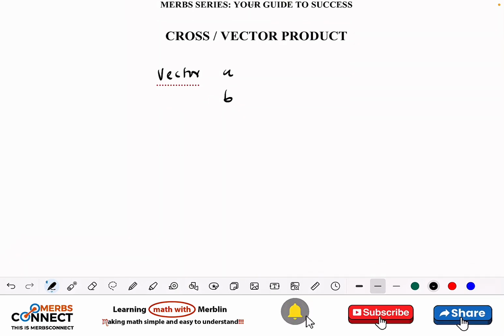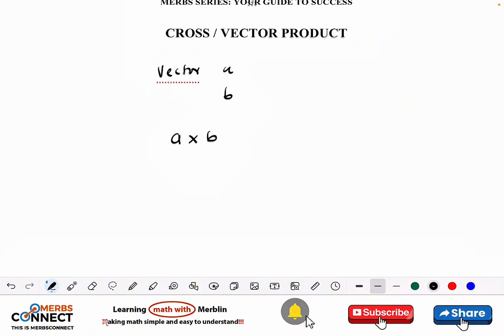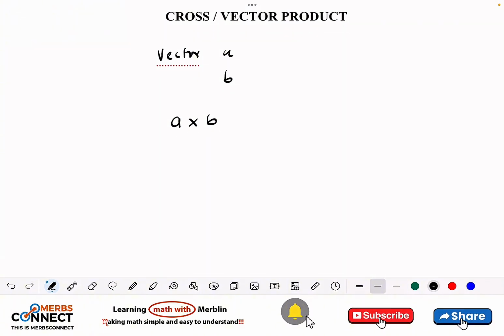And we want to do the cross, then we are talking about a cross b. So that's what we mean by cross product, right? And then the magnitude of this, which we will learn very soon, the magnitude of a cross b is the same as magnitude of a, magnitude of b sine theta.